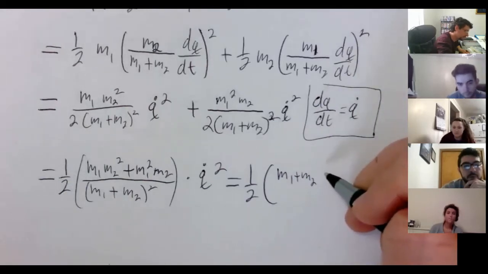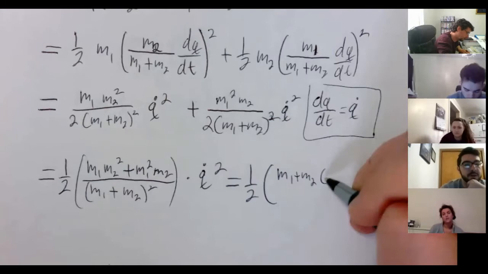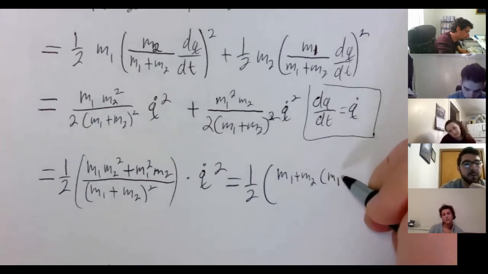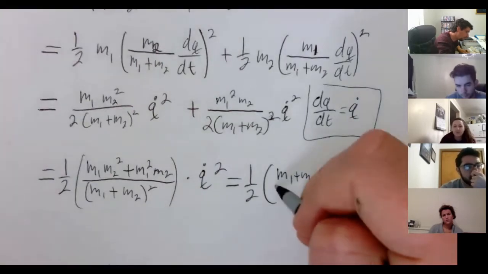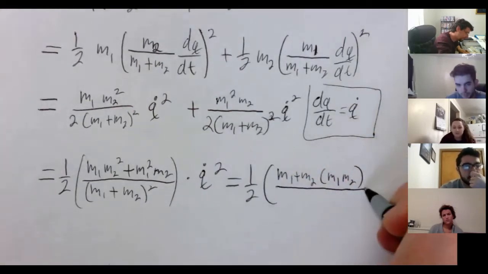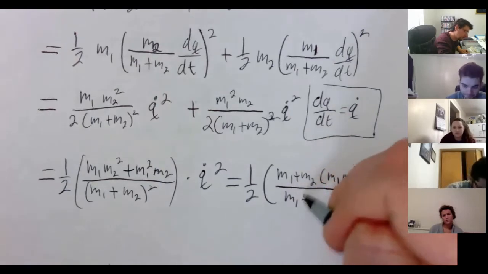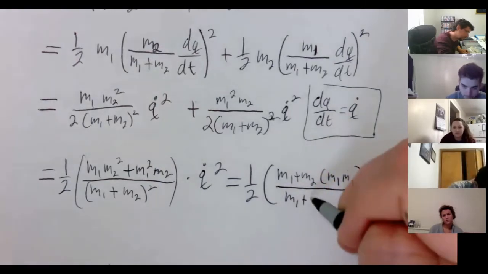What else do we need? M1 times M2, like that. Is it plus? I think it's times. Yep, it should be a times. What are we doing? We're just pulling things out, trying to make it simpler.